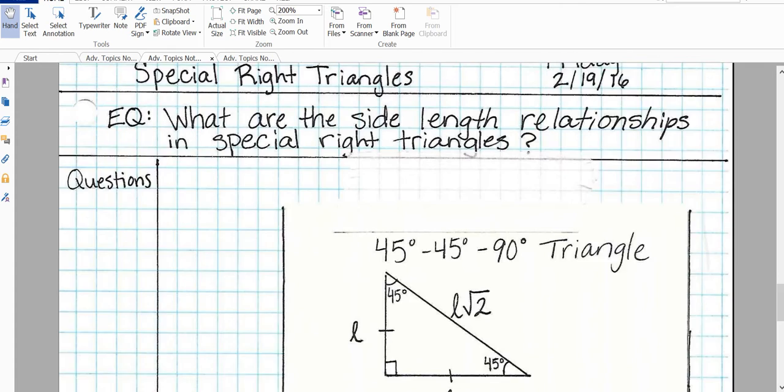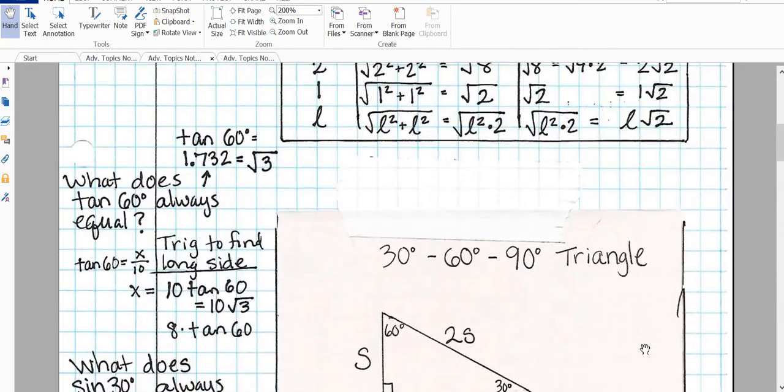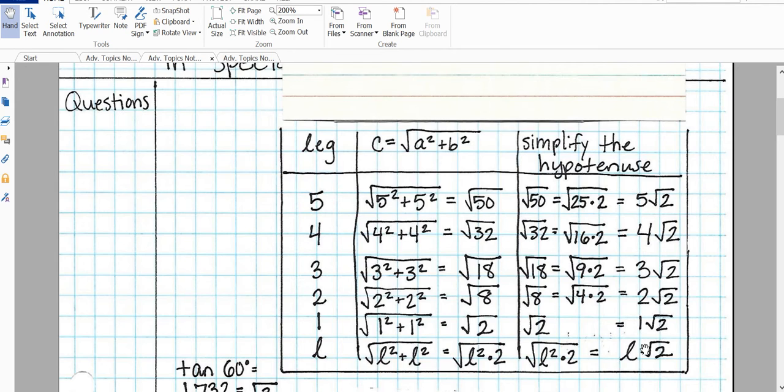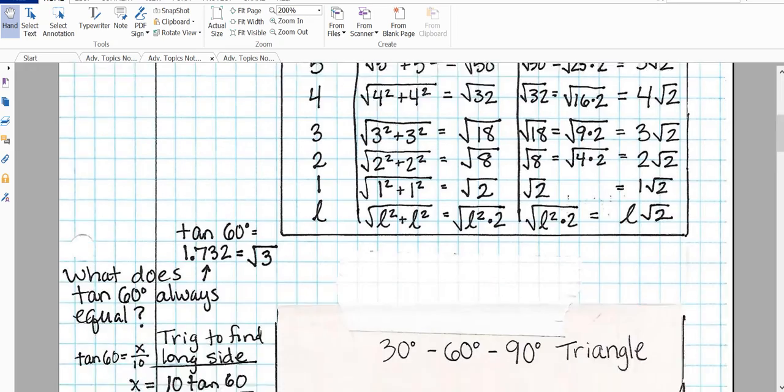Okay, so going back to our table here, for this one, remember every time that we simplified our hypotenuse, it ended up being the leg multiplied by rad 2. So yeah, that's where that came from.